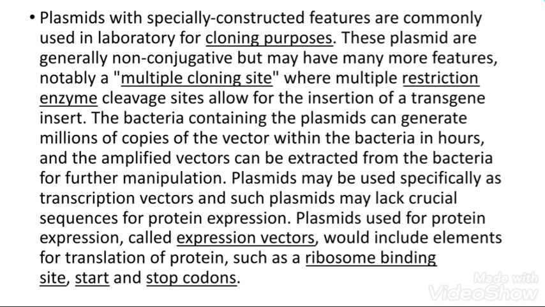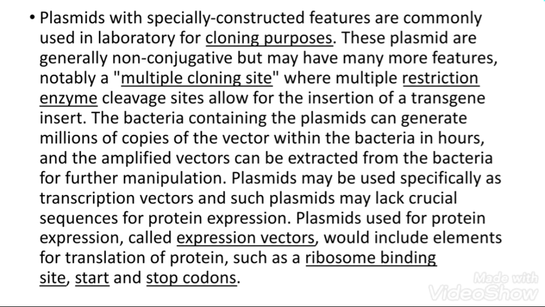These plasmids are generally non-conjugative but may have many more features, notably multiple cloning sites with multiple restriction enzyme cleavage sites that allow insertion of a transgene. The bacteria containing the plasmid can generate millions of copies of the vector within hours, and the amplified vectors can be extracted from the bacteria.